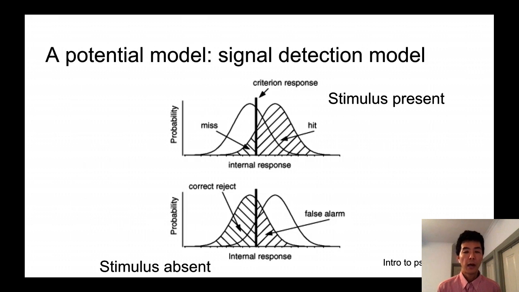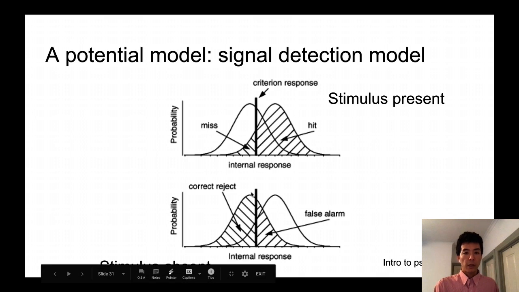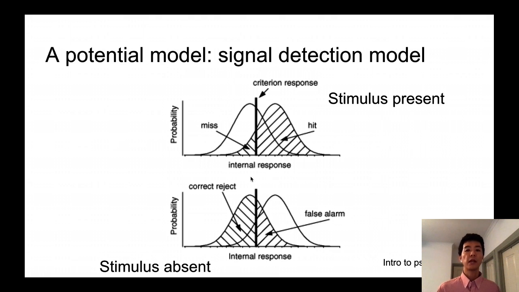And then a potential model of how the mind, or the conscious mind, works in some sense. Here's the signal detection model. The x-axis of this figure corresponds to the strength of your internal response, or the visibility, or the qualia or whatever, the strength of something that is visible to you.